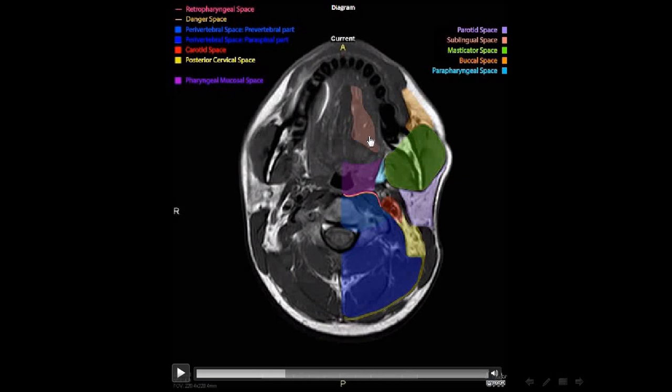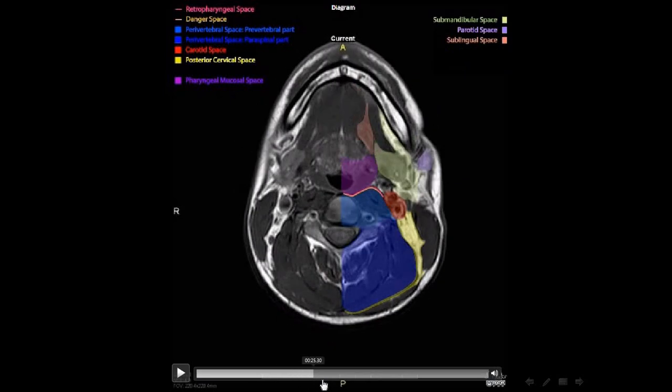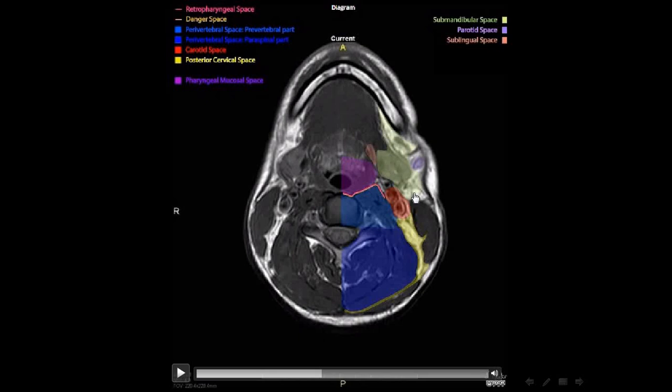Here we see the sublingual space, inferior to the tongue. And this is the submandibular space, which will contain the submandibular gland.